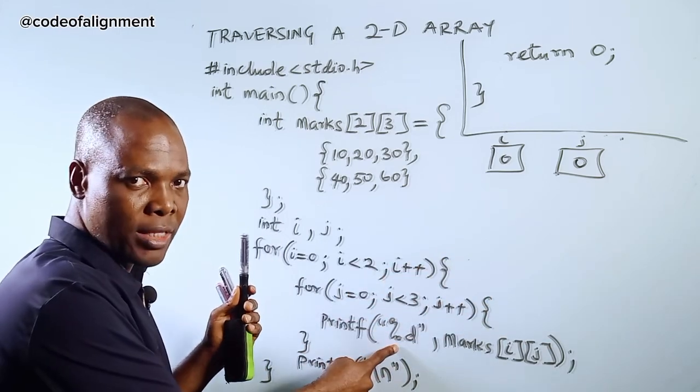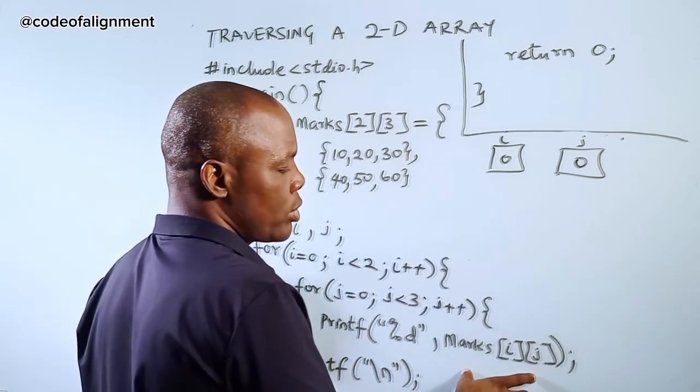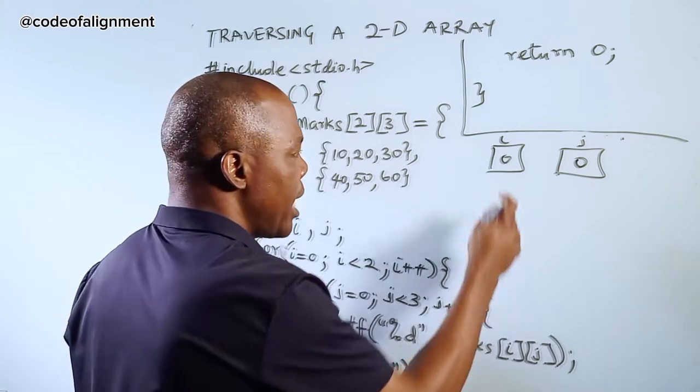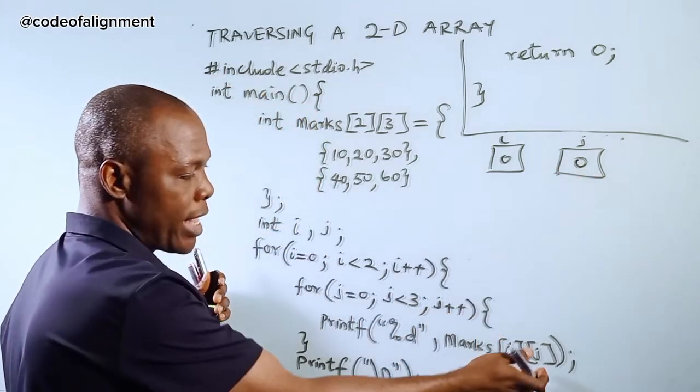That is what this format specifier is telling you. Okay, now it's coming to this address, mark[i][j]. So at this point, i is 0, j is 0. That is what it is.